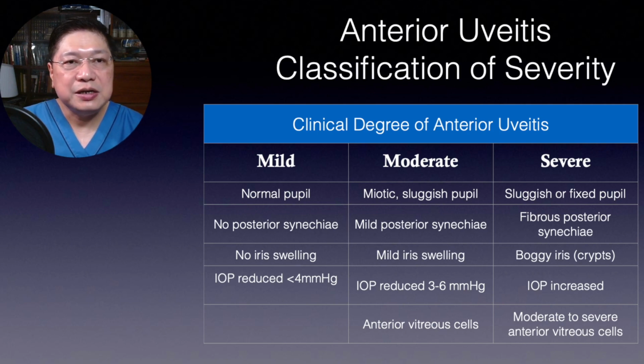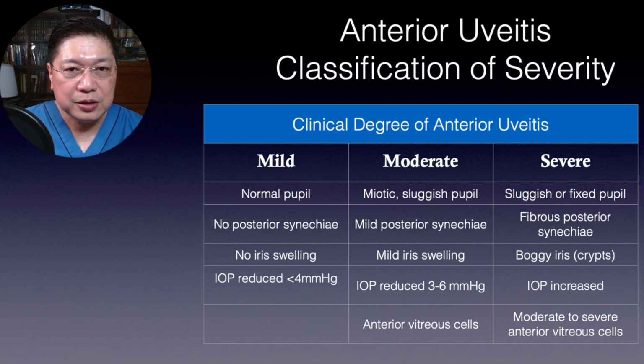As far as the iris is concerned, because this is an anterior uveitis, mild, moderate, and severe would be differentiated with the degree of involvement of the pupil or the iris. So mild would have normal pupil, no posterior synechiae, no iris swelling, and the IOP would still be low.